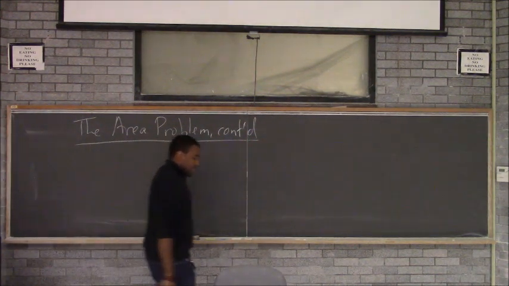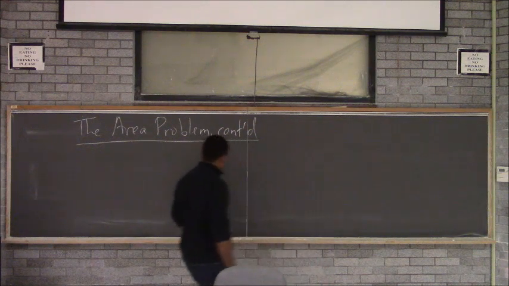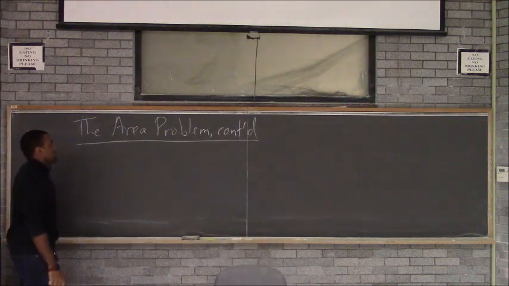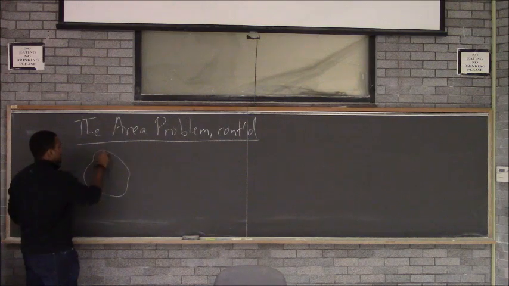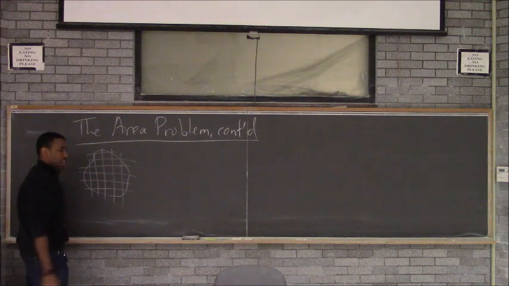So last time we looked at the solution to the area problem, which was a very archaic solution. The idea was you take something, you slice it up into a bunch of little shapes that you know how to find the area of, and you add up the shapes.